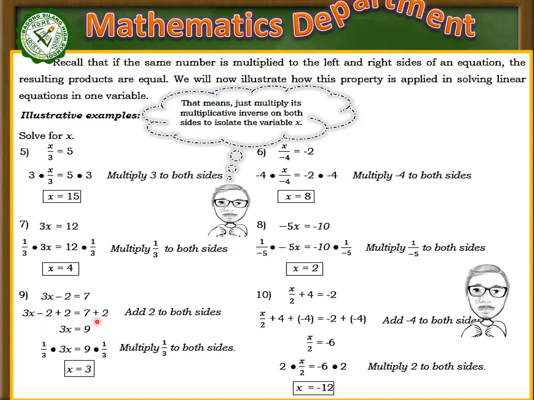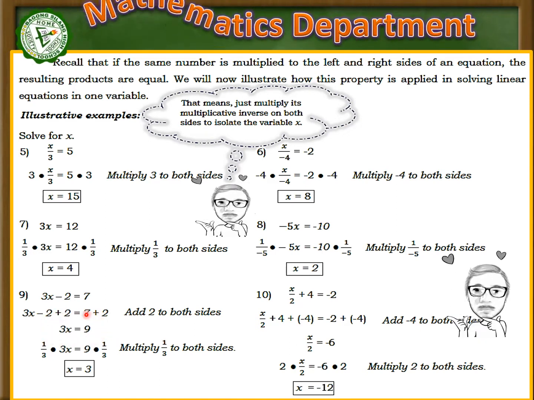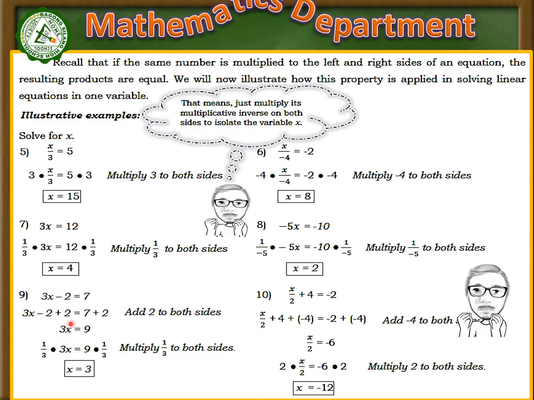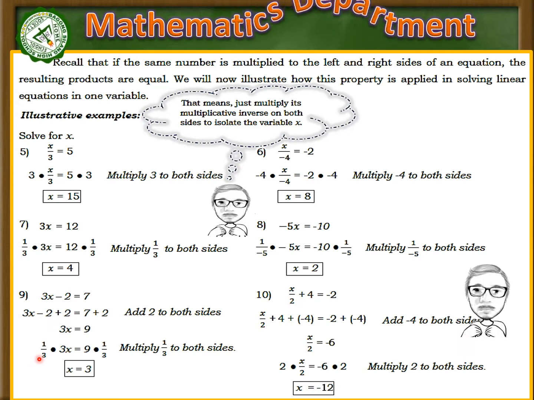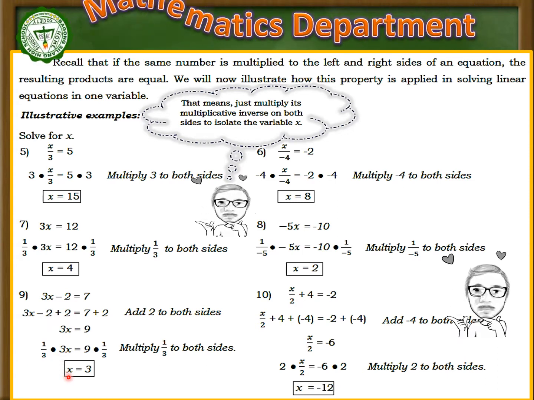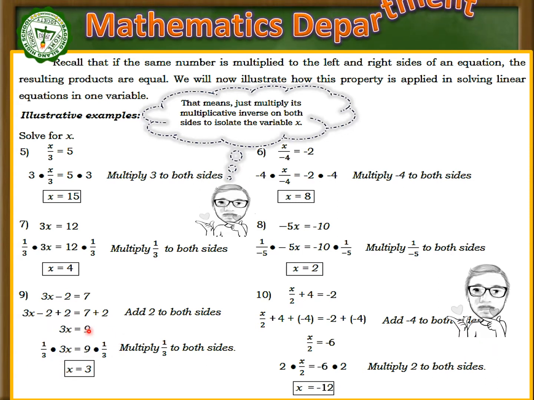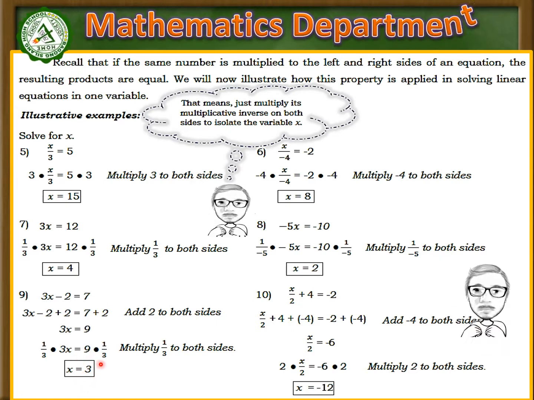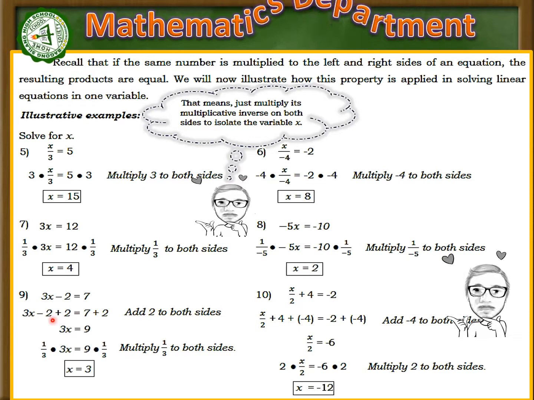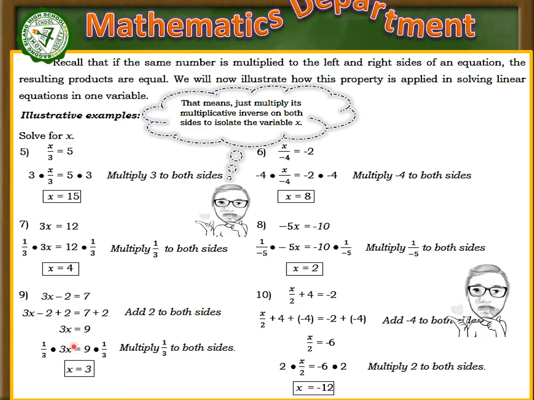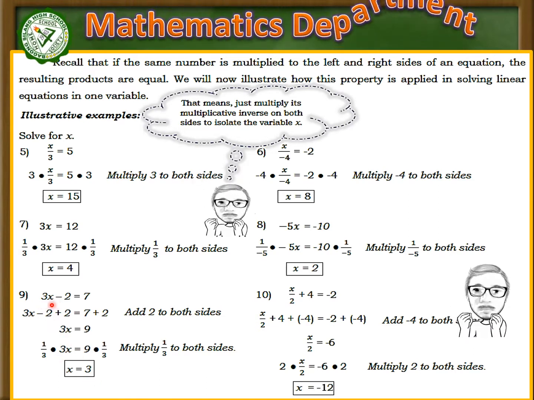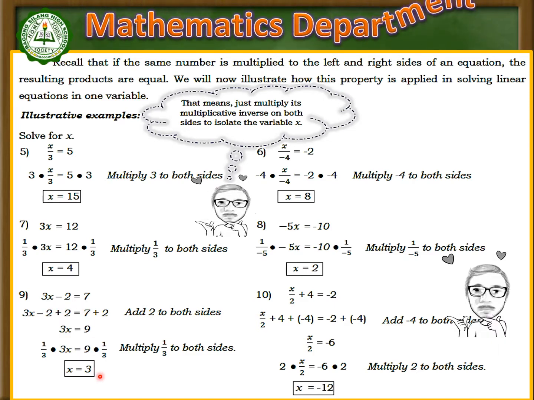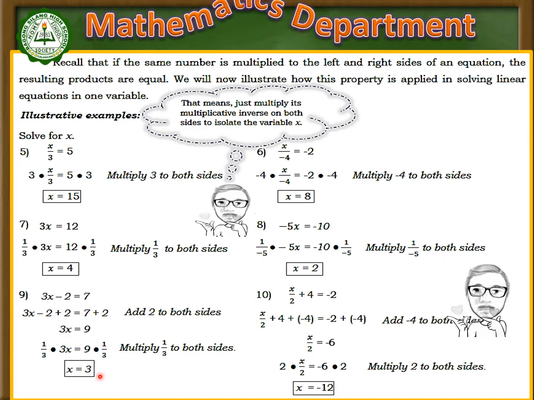But you can apply another property, the multiplication property, by taking the multiplicative inverse of 3, and that's 1/3. 1/3 times 3x equals x, and 1/3 of 9 equals 3. So let's check. If x is 3, then 3 times 3 is 9, and 9 minus 2 equals 7. So it's correct. x is really 3.